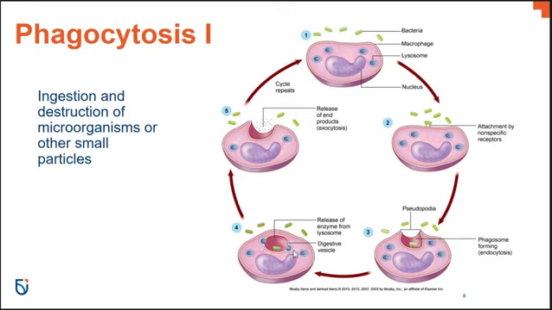And so you can see those lysosomes are fusing now with the phagosome, and it ends up getting the name phagolysosome. Within a lysosome, we have very potent digestive enzymes that are going to break down the contents of that phagosome, and it will destroy the microorganism within it.